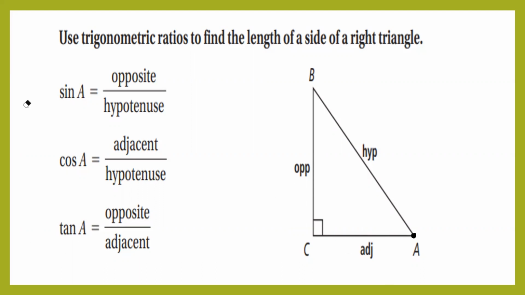So remember SOHCAHTOA, okay? S-O-H: S is sine, O is opposite, H is hypotenuse.